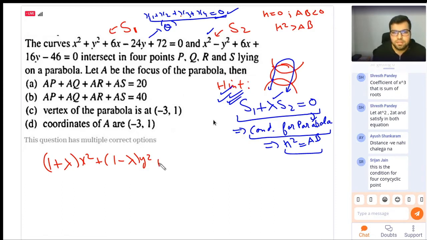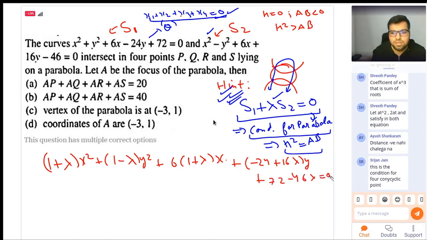Then it becomes 6(1 plus lambda) x plus (minus 24 plus 16 lambda) y plus 72 minus 46 lambda is equal to 0.